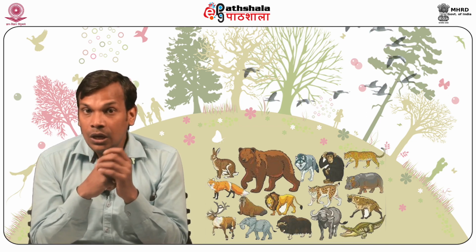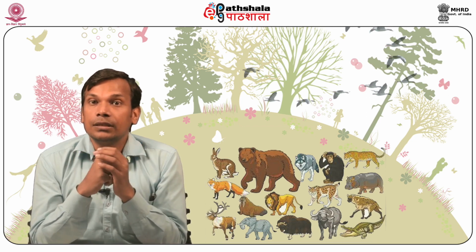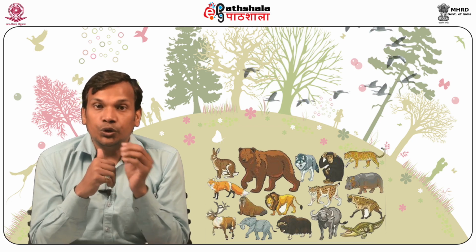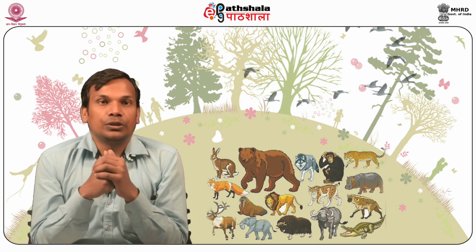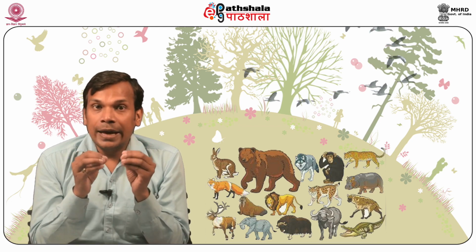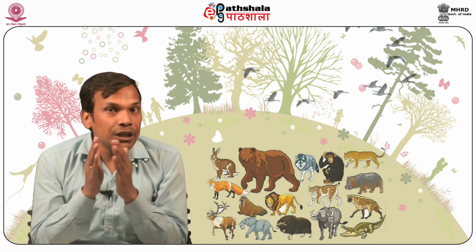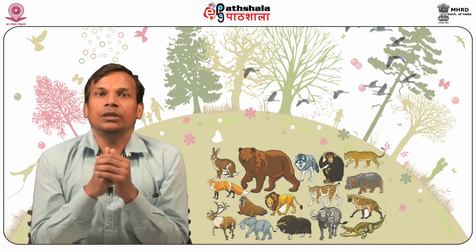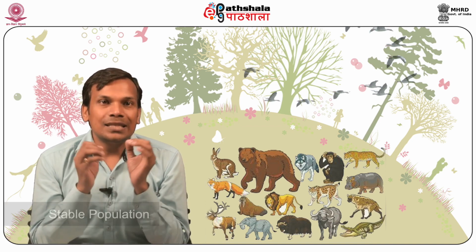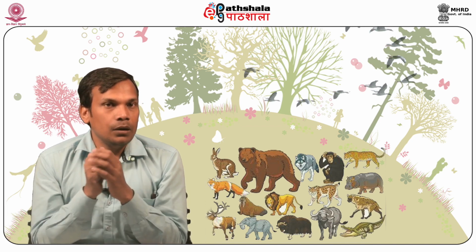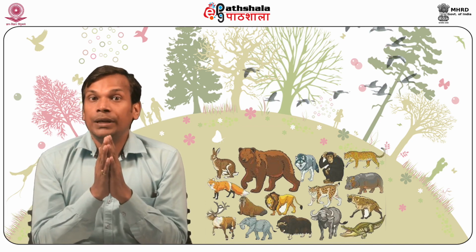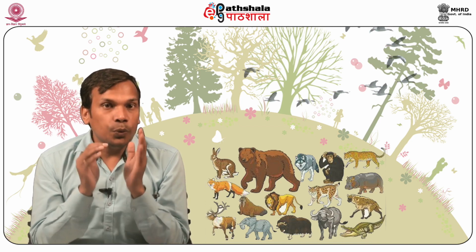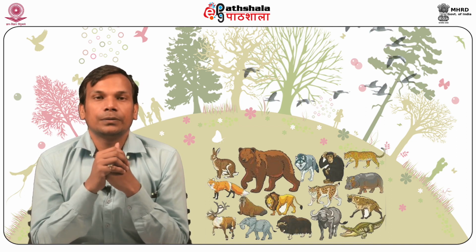A population with a high proportion of reproductive phase individuals, then post-reproductive phase, shows an expanding population. A population with a more or less even distribution of post-reproductive and reproductive individuals shows a stable population. A declining population will have a large proportion of older or post-reproductive individuals.